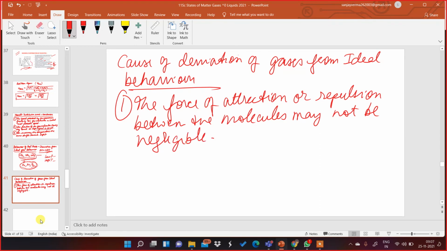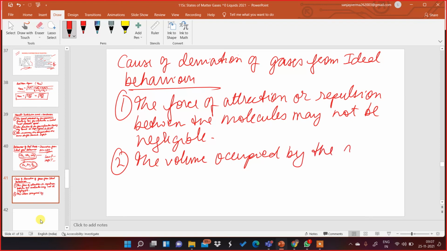The second cause: the volume occupied by the gas may be so small. When I talk about force, I am talking about pressure, remember that.